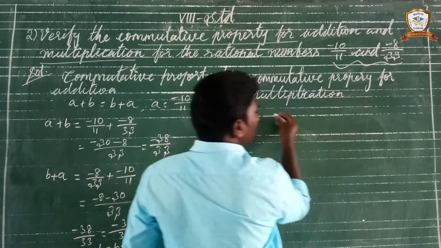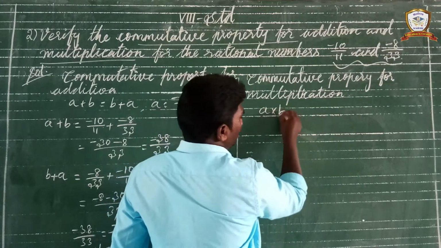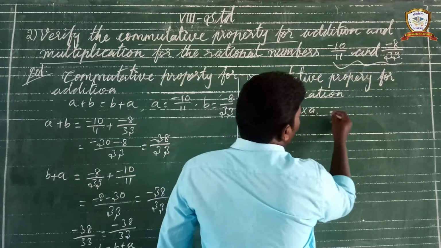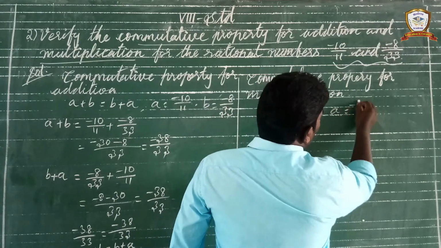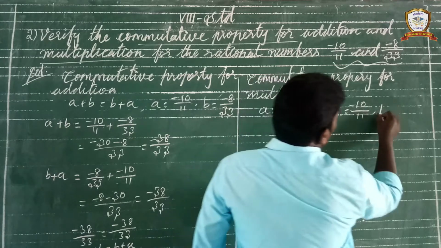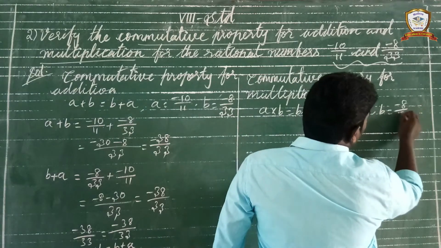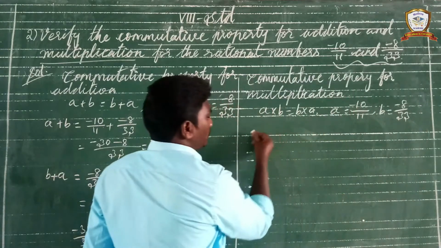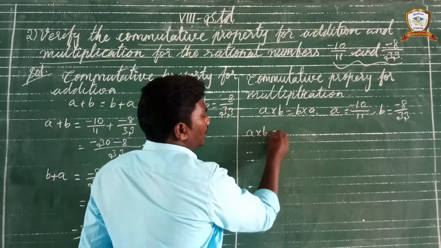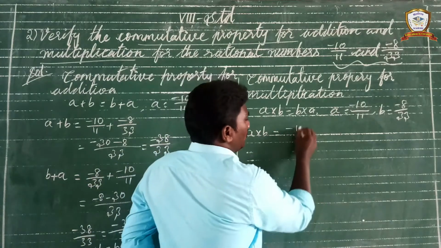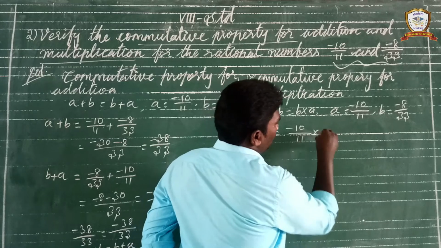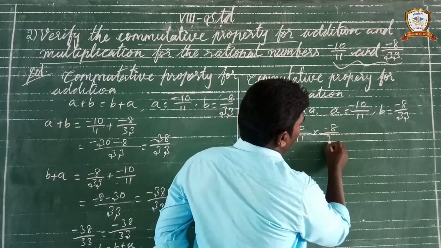What's the commutative property for multiplication? A into b is equal to b into a. Here a is equal to minus 10 by 11 and b is equal to minus 8 by 33. So first we take LHS, the left hand side: a into b is equal to minus 10 by 11 into minus 8 by 33.